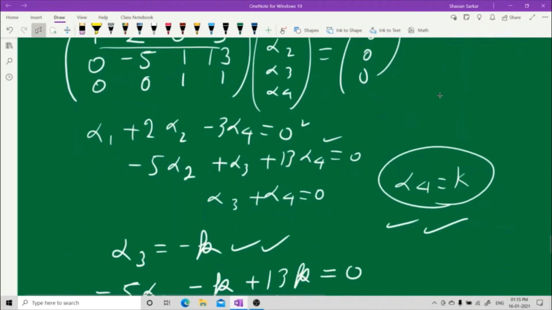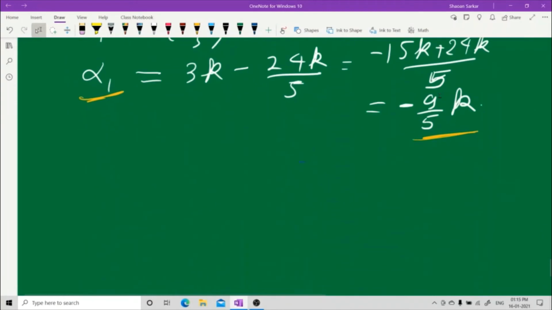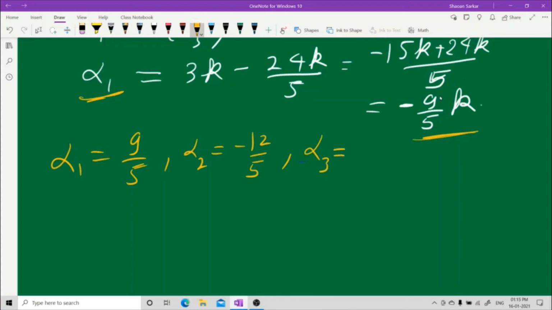Now see. So alpha 1 in that method I got as plus 9 by 5. Alpha 2 I got as minus 12 by 5, I hope I remember, and alpha 3 as plus 1. Right. Here what I got is alpha 1 as minus 9 by 5k. I'm comparing, see.